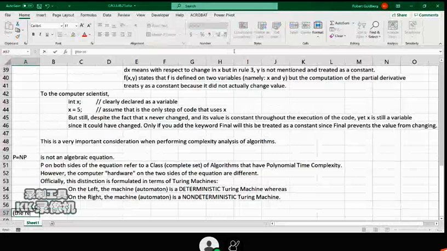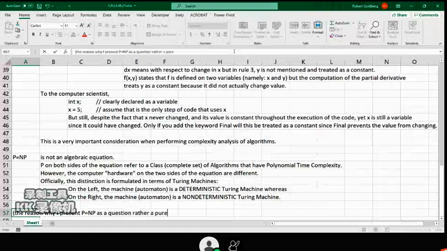The reason why I present it as a question, and this is more of a presentation rather than a pure equation, is that P is a subset of NP. As you'll see in the definition below, every deterministic algorithm is technically also included in the non-deterministic algorithms.